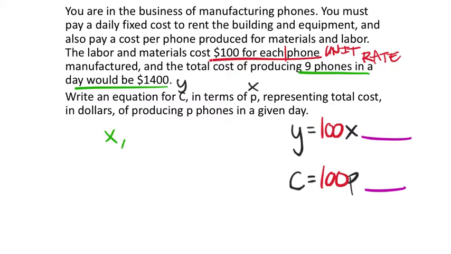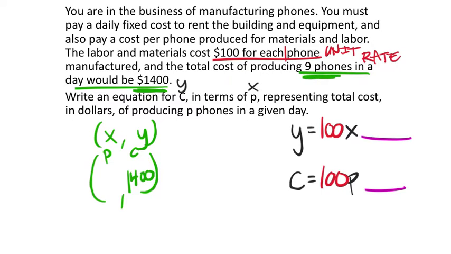So we know X and Y would be our ordered pair, but this one is showing X is P and the Y is C. And how do we know that? Because it told us it's C in terms of P. So the cost for those 9 phones would have been $1,400, so that's my C value there, and that was for 9 phones.